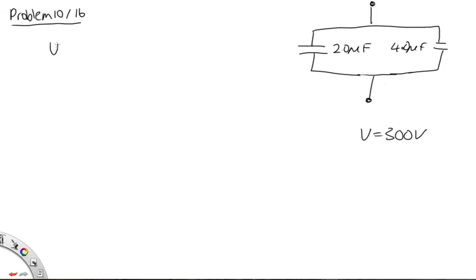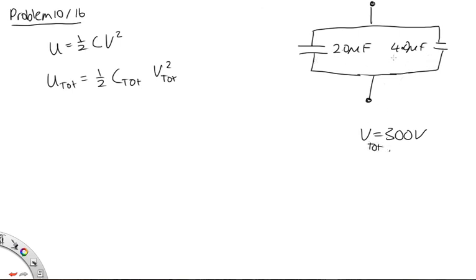The stored energy is given by a half CV squared, and we can either work it out for each capacitor individually and add it together, or we can do it for the total system. So the total stored energy is a half times the total capacitance times the total V. This V is the total V, it's also the V across C1 and C2.